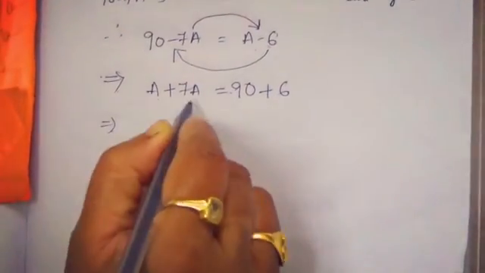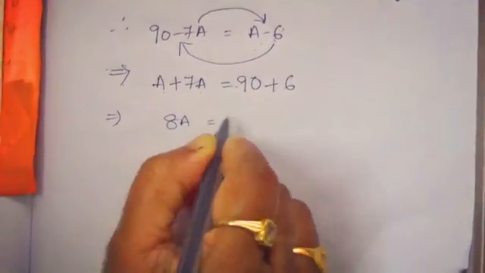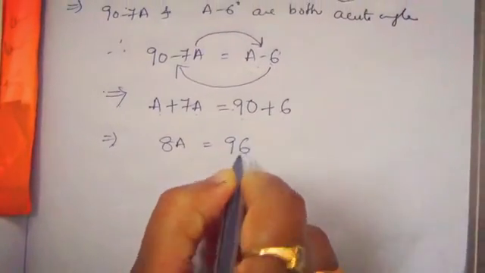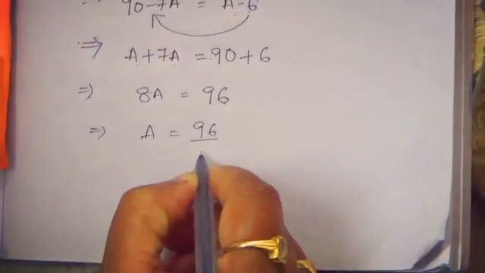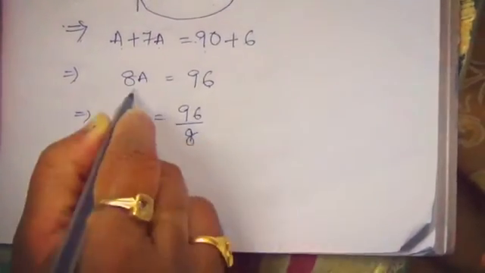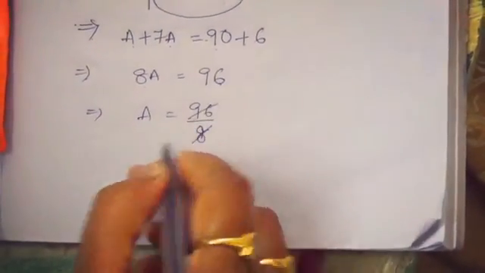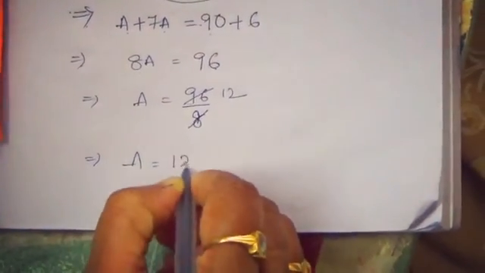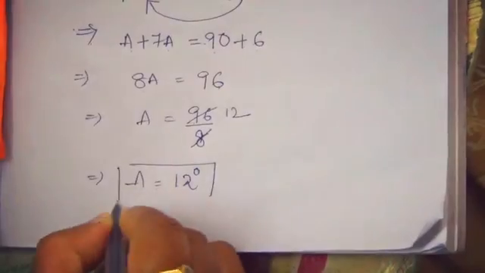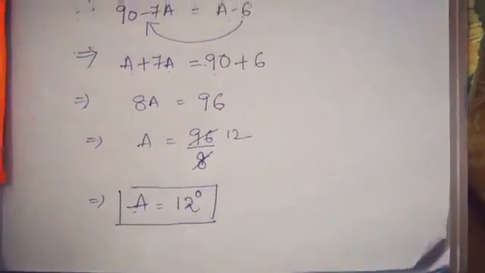That implies A plus 7A, 8A, is equal to 96. That implies A is equal to 96 by 8. When you cancel this, you will get 12. That implies A is equal to 12 degrees. So here we finished example 9.